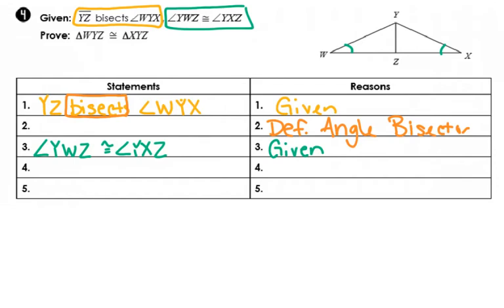So that's what I'm going to do. If it is bisecting angle WYZ, that means angle WYZ is congruent to angle XYZ. So that's what that means. And then maybe you saw that they were sharing this side. So your statement is going to be determined by how you write this.